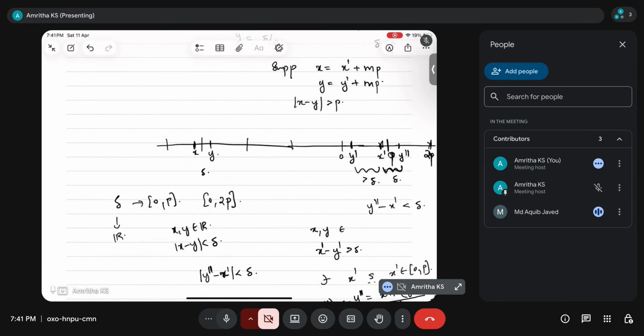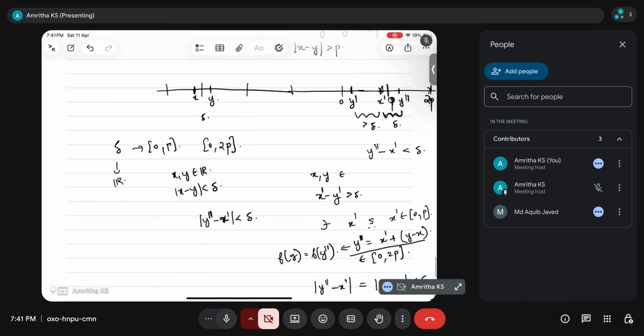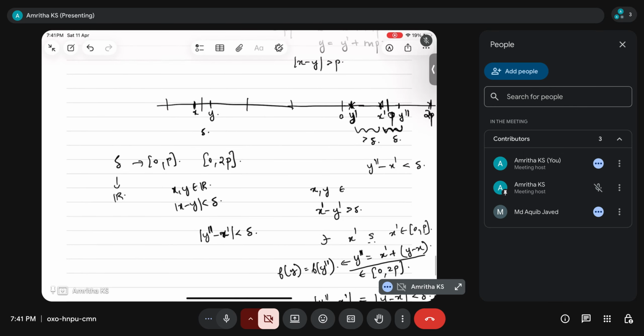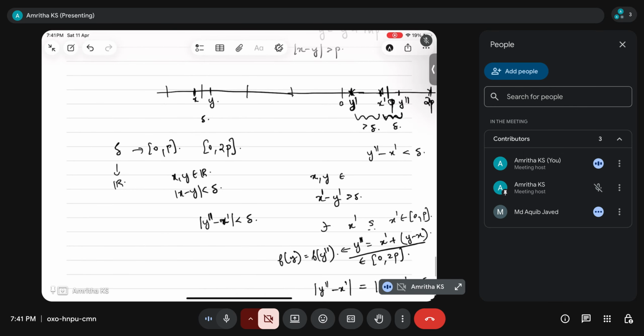But you are taking y double dash equals x dash plus something. No, I am just adding the distance. That is all. Either way you can go. When I tried telling you using the y dash thing, you said it was not making sense to you. That is why I wrote it like this. Either way you can do it.